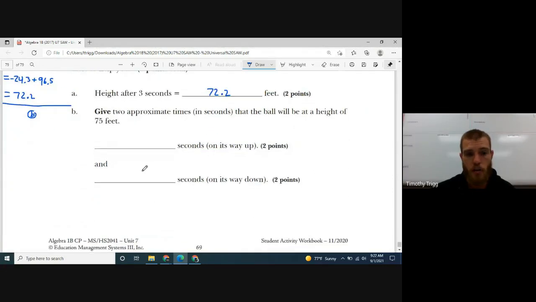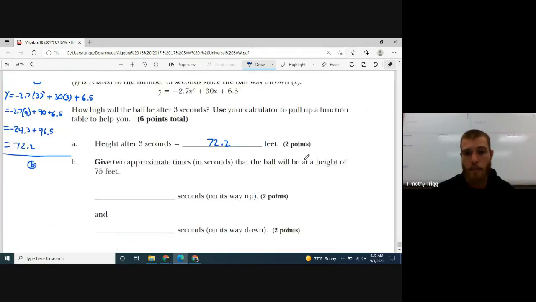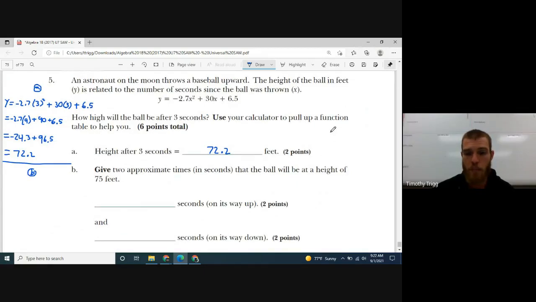Now notice there are 2 answers here. It says this many seconds on its way up, and then this many seconds on its way down. The reason for that is because you can imagine the ball being thrown. It gets thrown up, and then it comes back down. And we want to know at what time, so this axis is time, does it reach a height of 75?